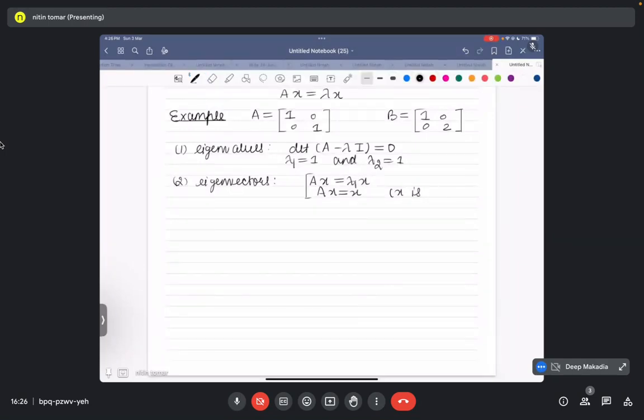So basically when you convert it, it will be 1 1 0 0. You solve this system A minus lambda 1 I, this augmented form you solve. Okay.